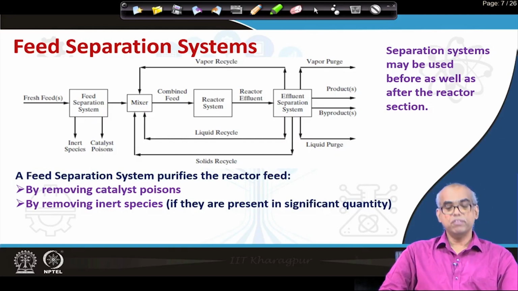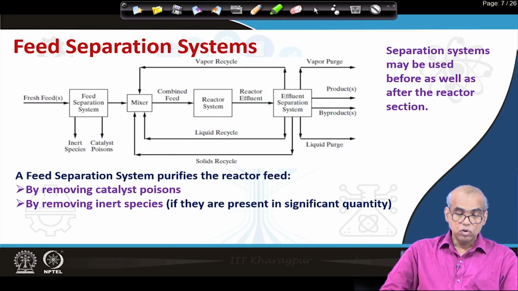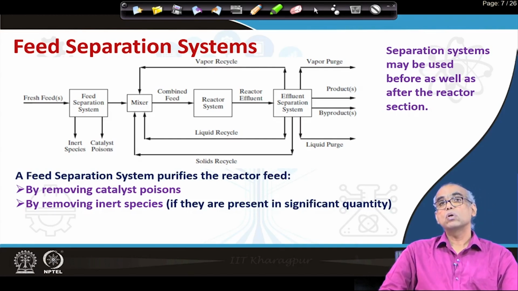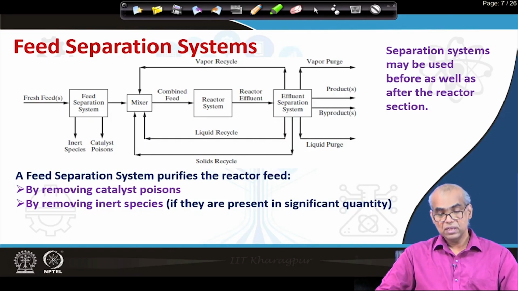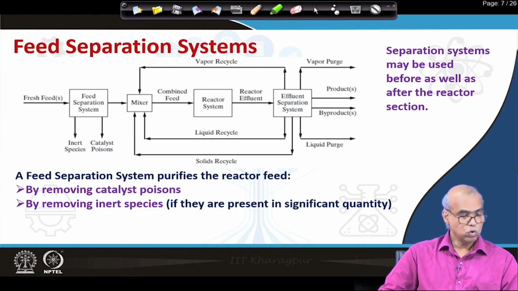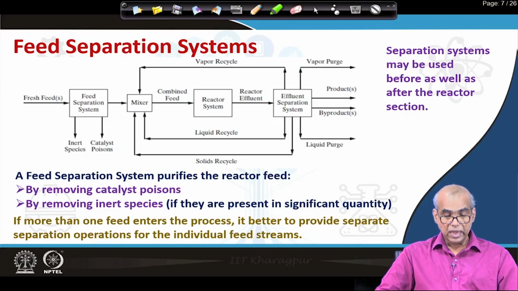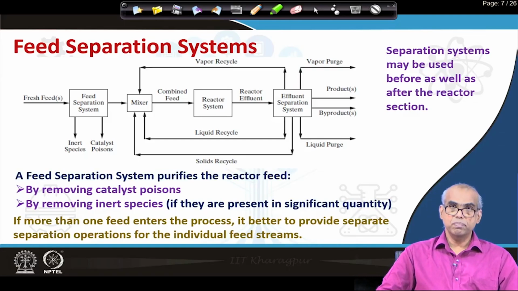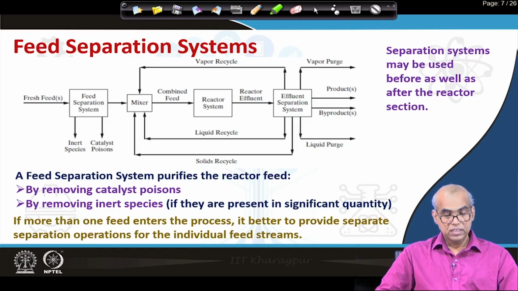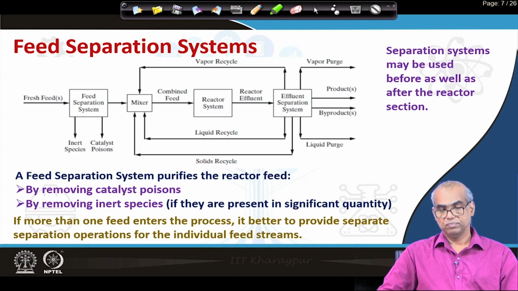Why do I need to purify the feed stream? Because we may have to remove any species present in the feed stream which may poison my catalyst, or I may also be interested in removing inert species if they are present in significant quantity. If more than one feed stream enters the process, it is better to provide separate separation operations for the individual feed streams.